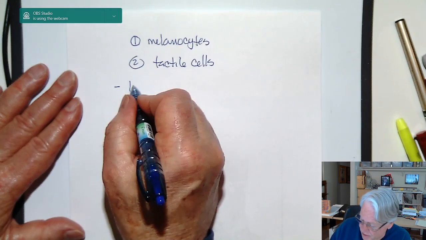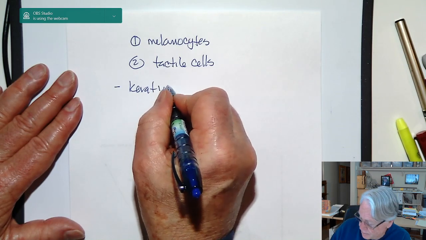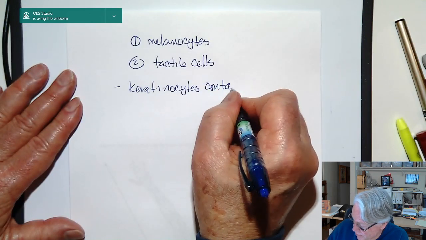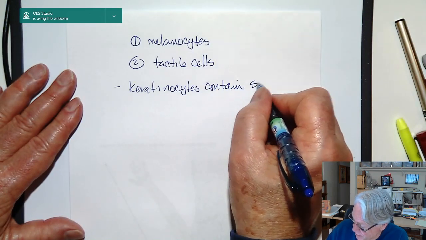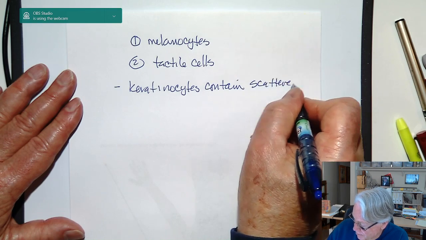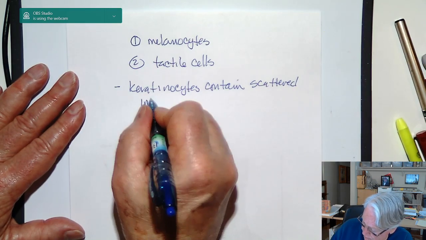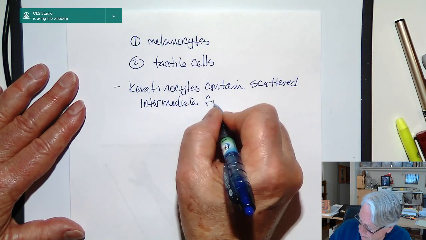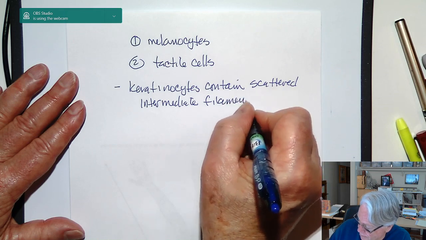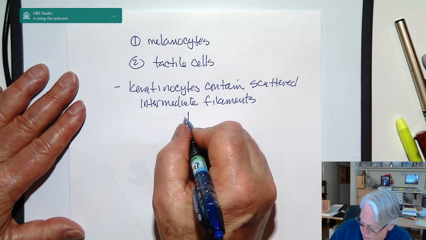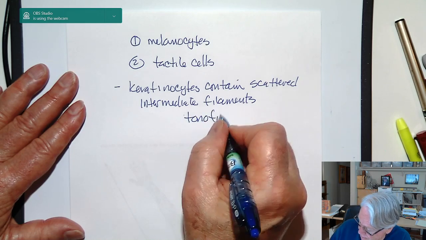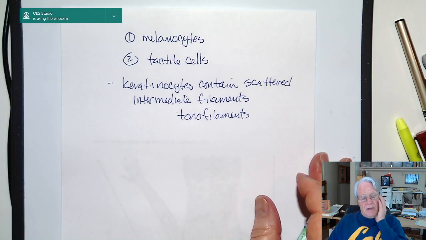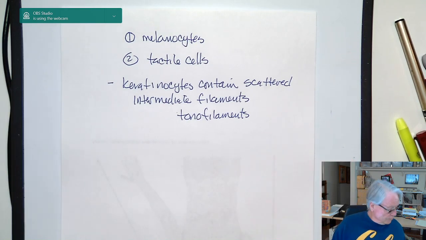In this layer, the keratinocytes contain scattered intermediate filaments, which are called tonofilaments. All right.